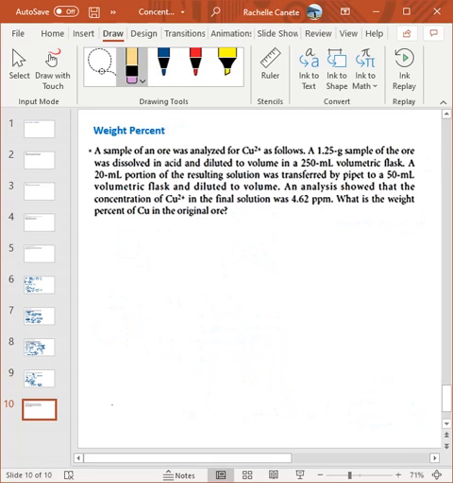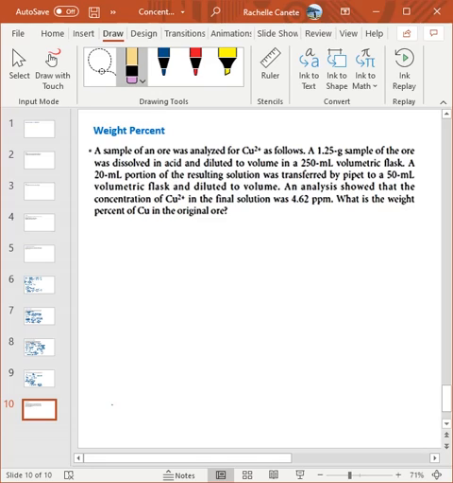Okay, now let's try a more difficult, more complicated problem. A sample of an ore was analyzed for copper 2 plus as follows. My technique for this class is I use a flow diagram.